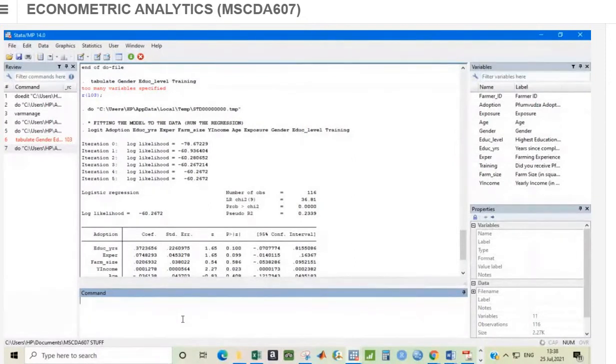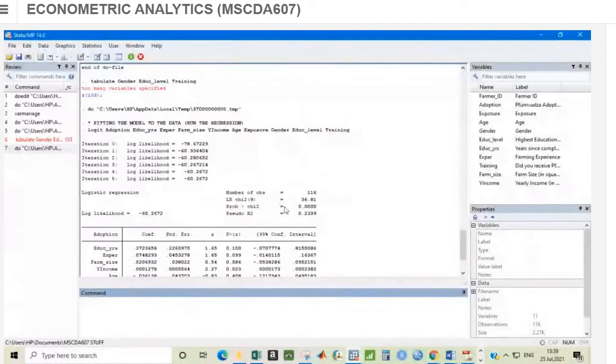Check for multicollinearity in this data set. Then group 7, you are going to check for homoscedasticity of this data set.